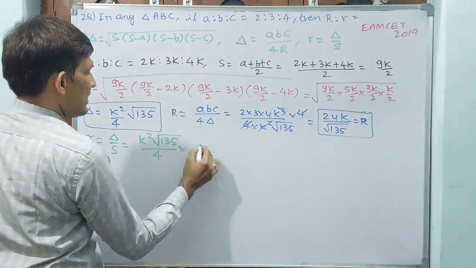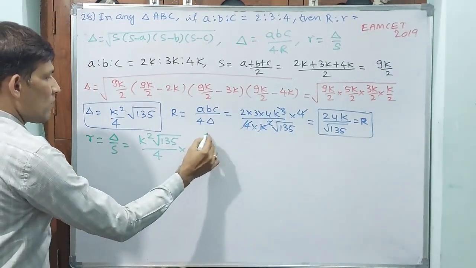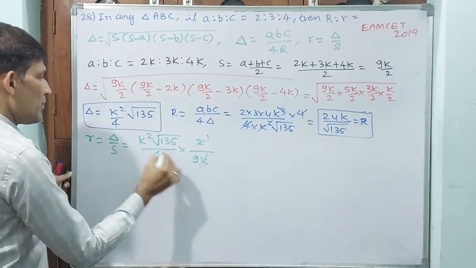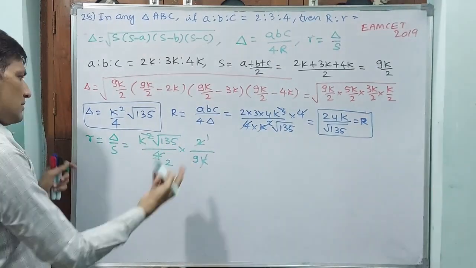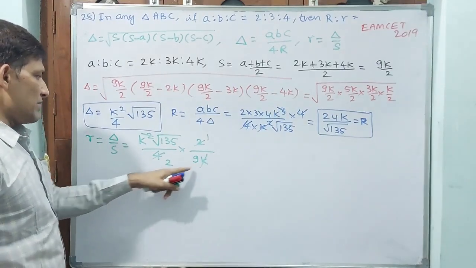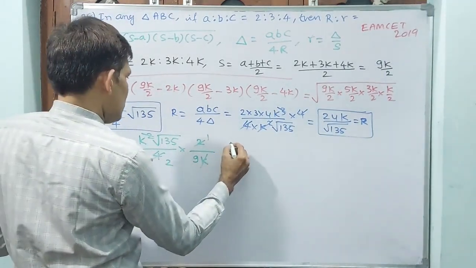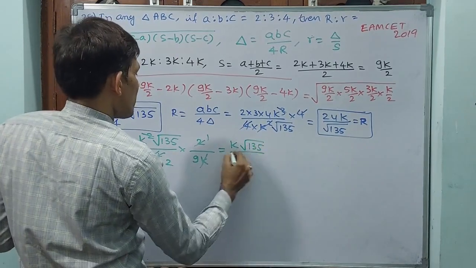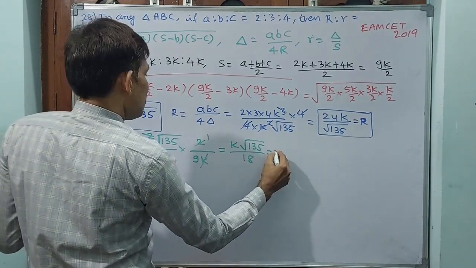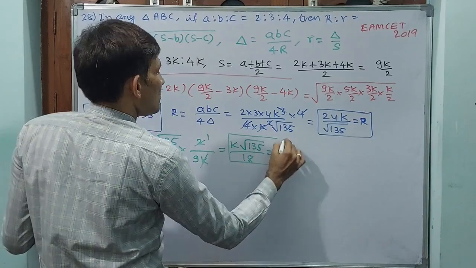That means 9k I will write here, 2 I will write here. You see 2 ones, 2 twos, k completely goes but k will be there here. Divided by 18 will come, 2 into 9, 18. That means k into root 135 by 18. This will be small r. This also you box it.